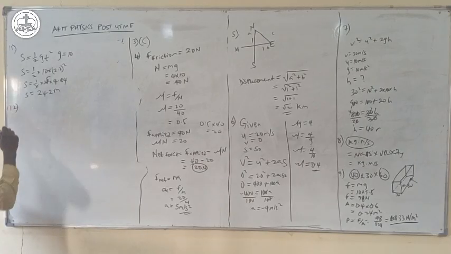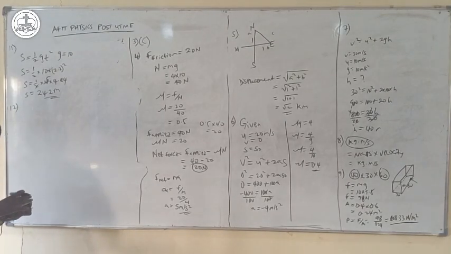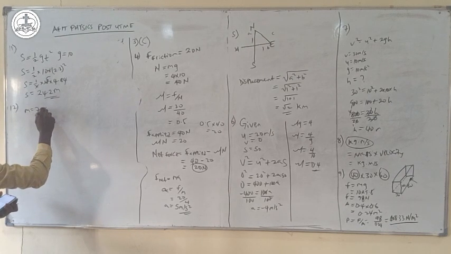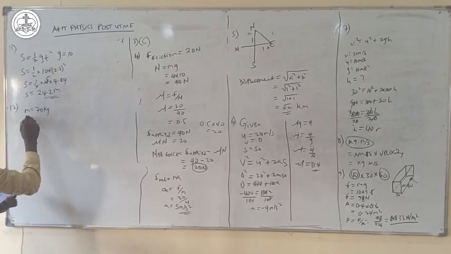Question 12. Question 12 says a woman whose mass is 70 kg, M is equal to 70 kg, sits 2.4 meters from the fulcrum of a seesaw.